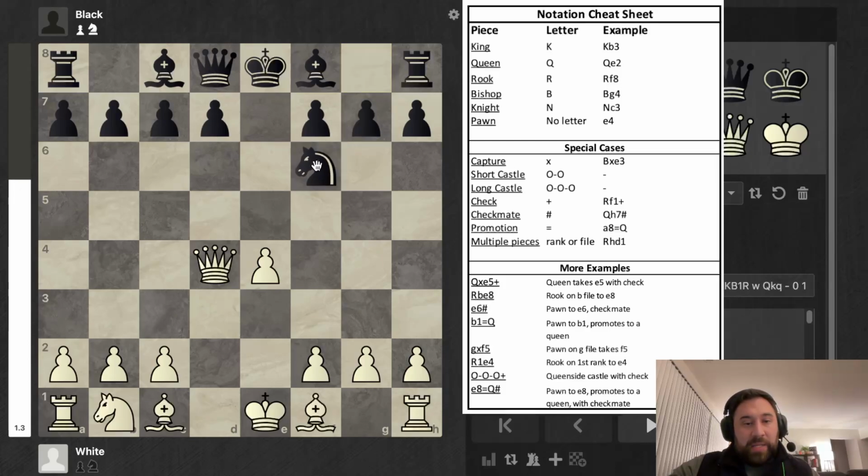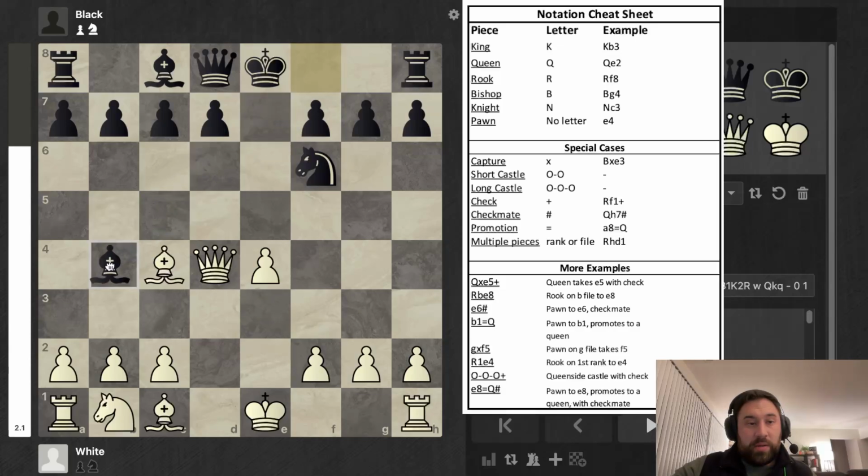So then let's say after queen takes d4, again, we're playing on. Maybe black plays knight f6. White plays bishop c4. Black plays, let's go with bishop b4. Now, this one is important because this is a check.